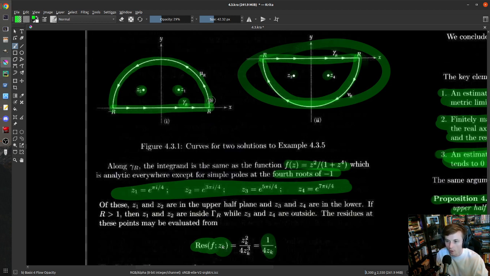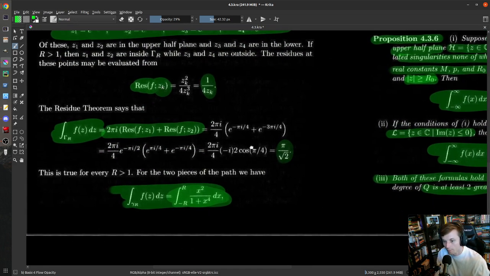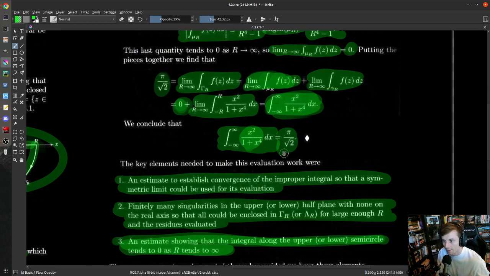And then we showed that along this chunk of the contour, that top arc, as R went to infinity, the value of that went to 0. This just left over this piece, which we were able to calculate via the residue theorem, and we were good to go. So, kind of nice, we were able to compute the value of that. It turned out to be pi over the root of 2.